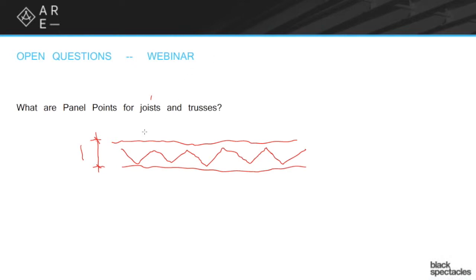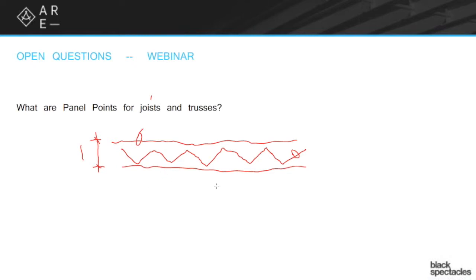And with the truss, the whole point is that any one of these pieces is actually a relatively small member. So I have small members on the inside in what's referred to as the web members, and small members at the top and the bottom, which are the chord members.